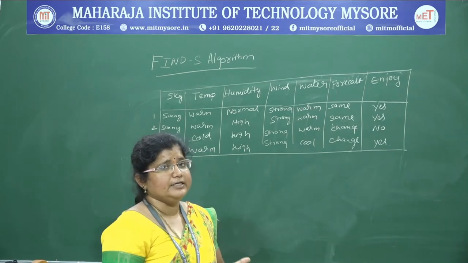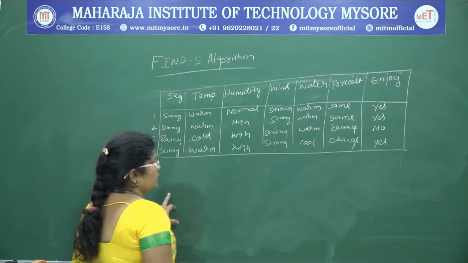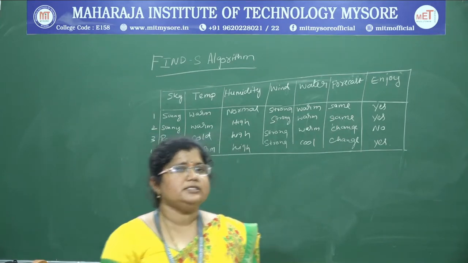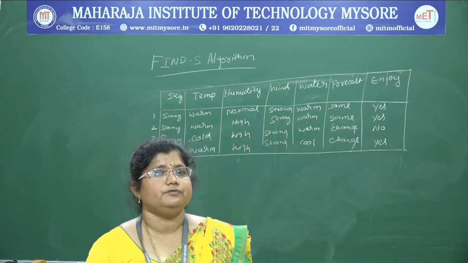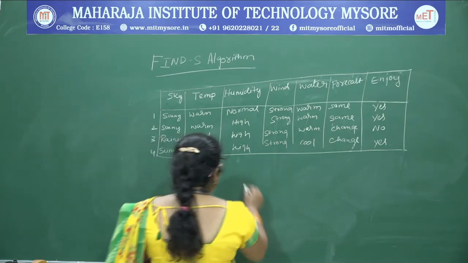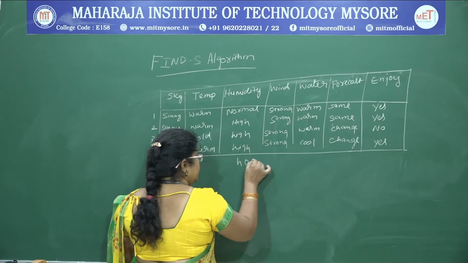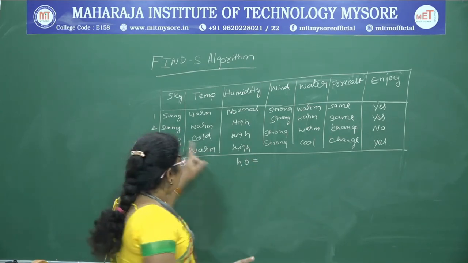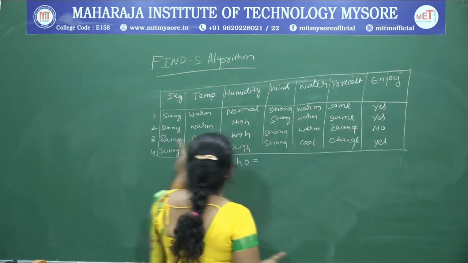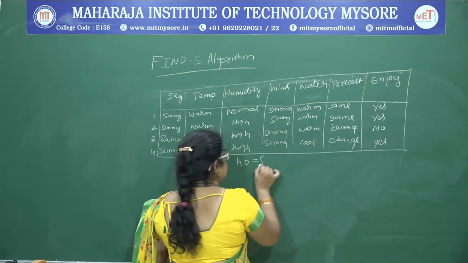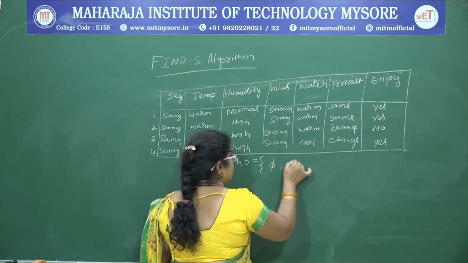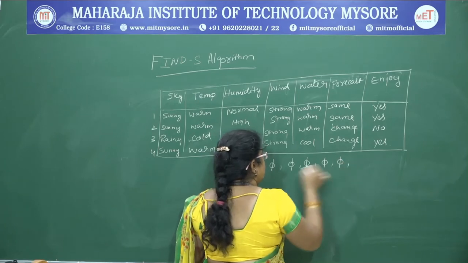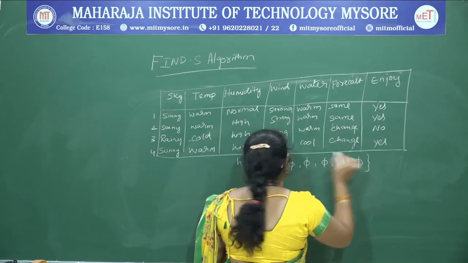According to the Find-S algorithm, the first step is to initialize the hypothesis with the most specific hypothesis. Let us look at H0. H0 indicates the most specific hypothesis. How many attributes are present here? There are 6 attributes, so we need to add six phi values. The six phi values indicate the most specific hypothesis.